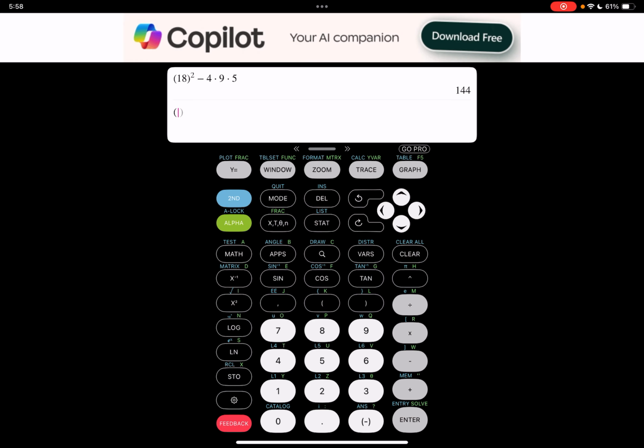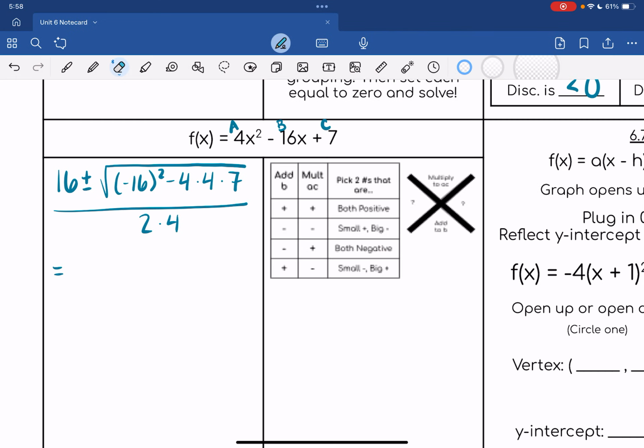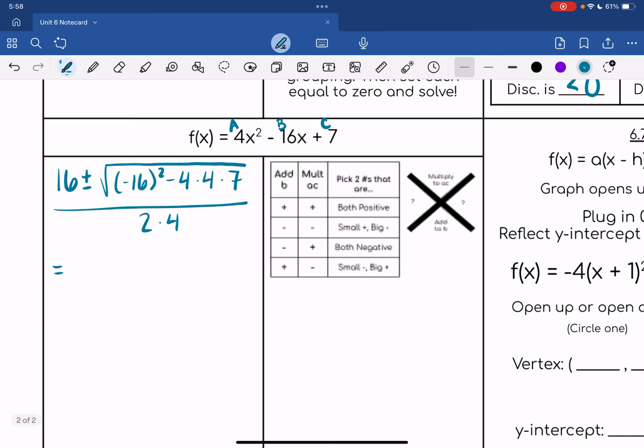So that would be, let's see if I remember it, negative 16 squared minus 4 times 7 is 144. So 16 plus or minus the square root of 144. And then on the bottom here, 2 times 4 is 8. The square root of 144 is 12.